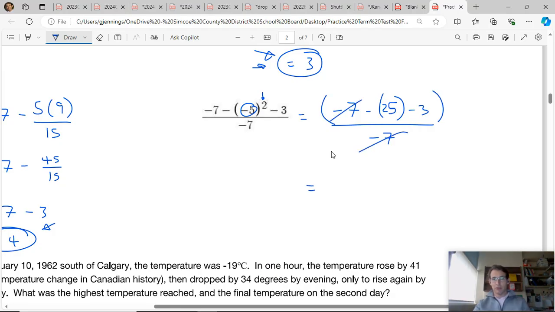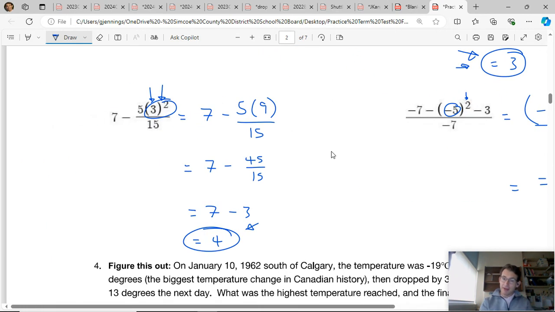Don't think you can cancel that. You cannot. That is not allowed. All right. So we got to do this addition up top first. Well, it's all subtraction, but minus 7 minus 25 minus 3 happens to be minus 35 divided by minus 7. Okay, which is equal to negative divided by negative is positive 5.